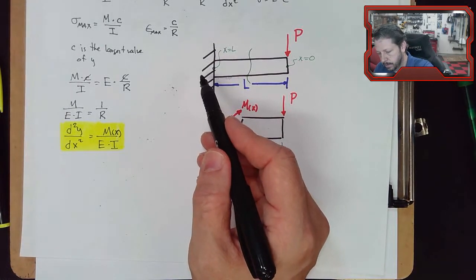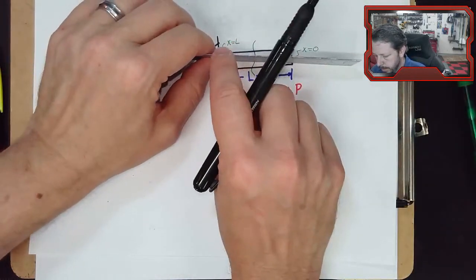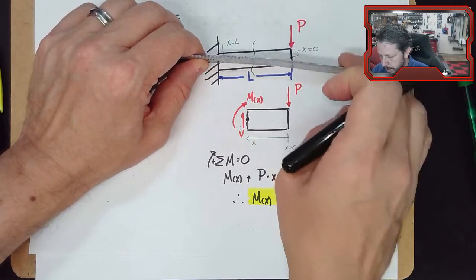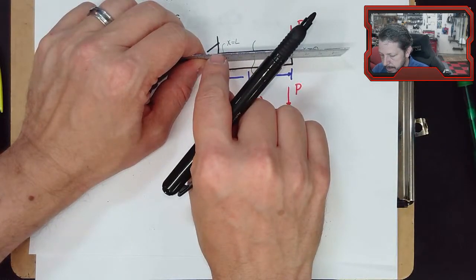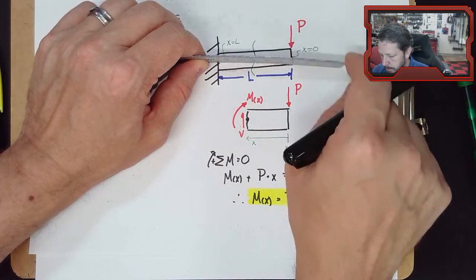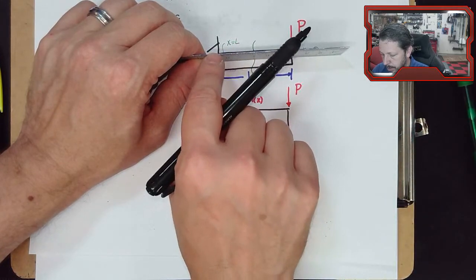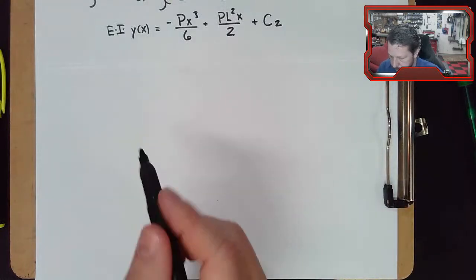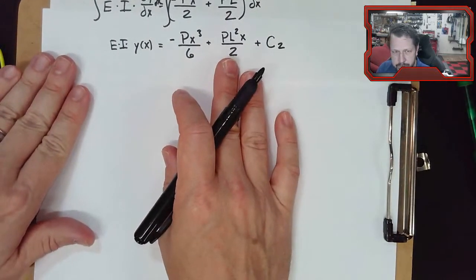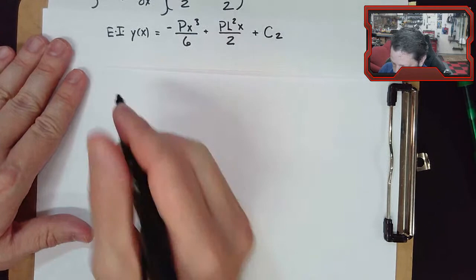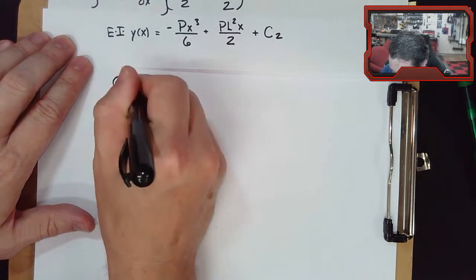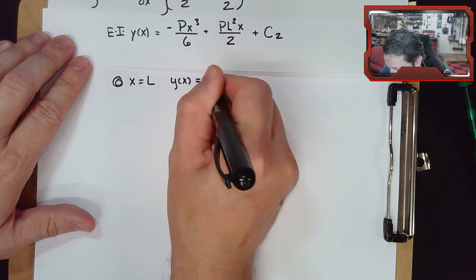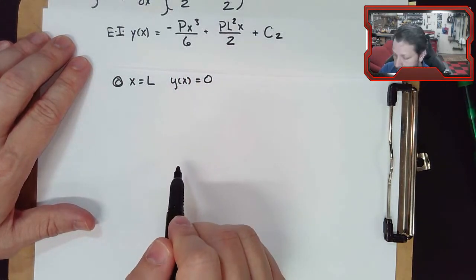So right here at the wall, I can push on this, pull it whichever way, but this point does not move up or down. This point does, and all these points in between, but right at the wall, it doesn't move up or down. So I know I have a similar situation where at x equals L, y of x equals 0. So that's a boundary condition that I know.